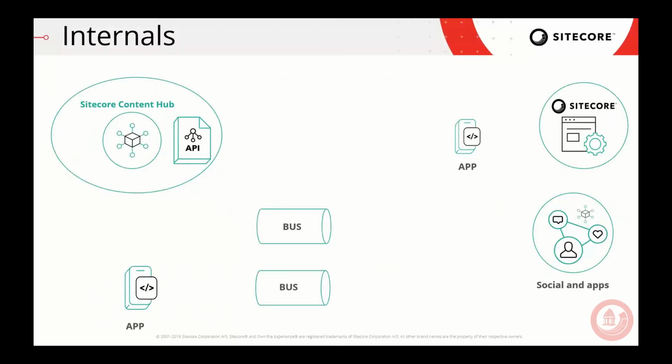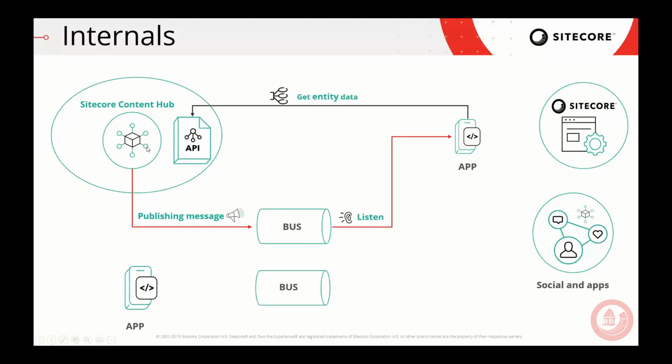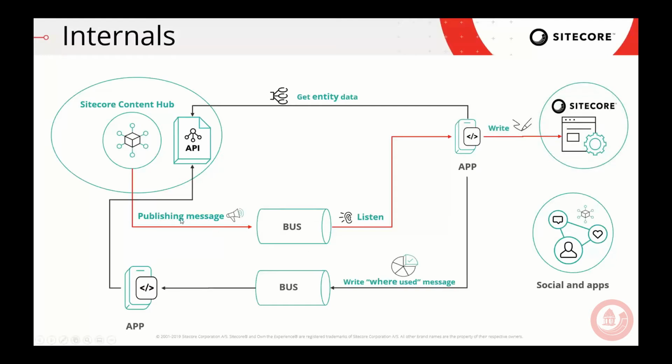And how does it actually work? So we have Content Hub here, and we define a trigger action here, which goes on a service bus. The action will be publishing a message. The published message reaches the Azure service bus, and at Sitecore we set up to listen to it.